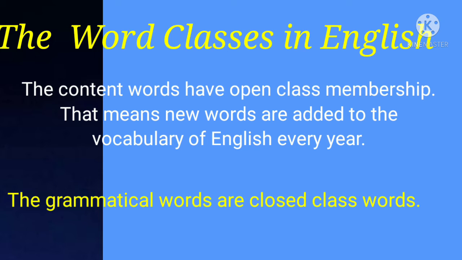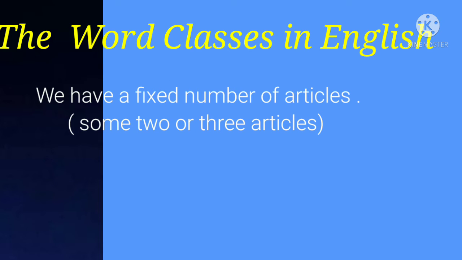That means there is only a fixed number of grammatical words in English and we cannot add any more grammatical word. All the words that are added to the vocabulary are content words. Nobody can contribute a new grammatical word. So we have a fixed number of articles.